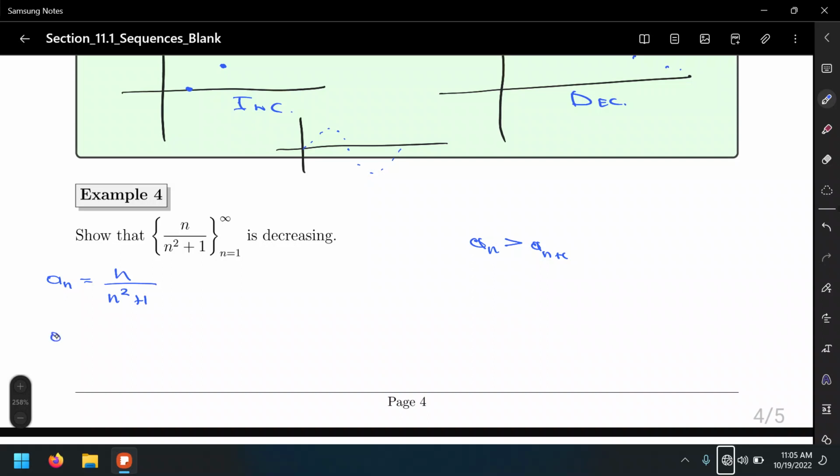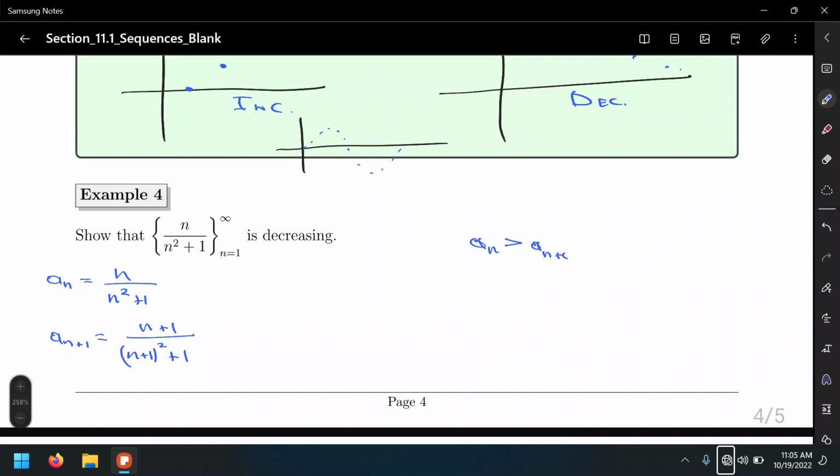Well, in this case, for a sub n plus 1, replace every instance of n with n plus 1. So for example, this n will be replaced with n plus 1, and this n that gets squared is going to be replaced with n plus 1. That is n plus 1 over n plus 1 quantity squared plus 1.